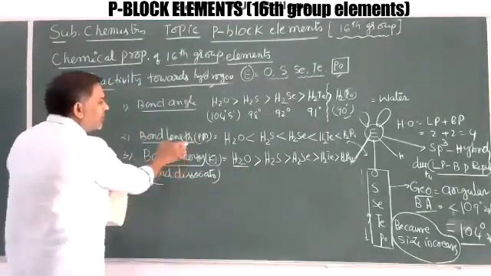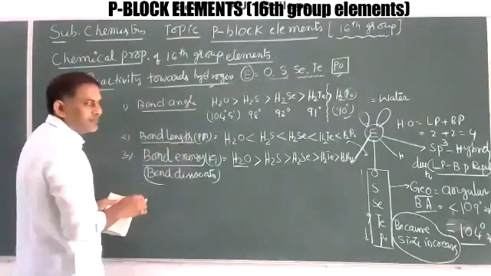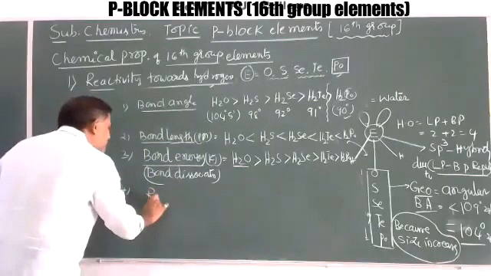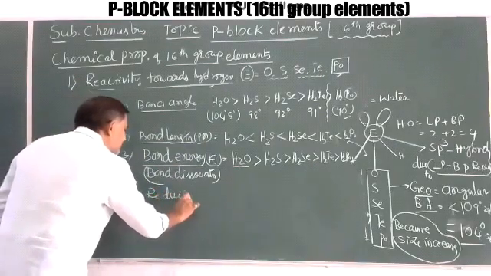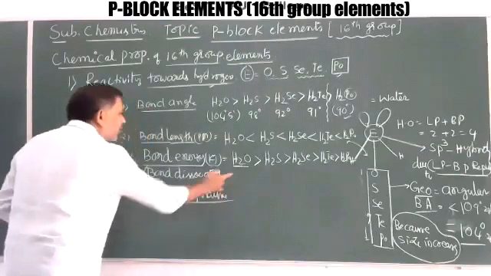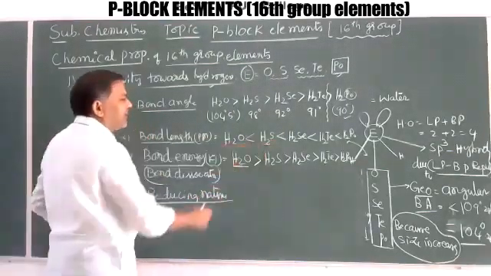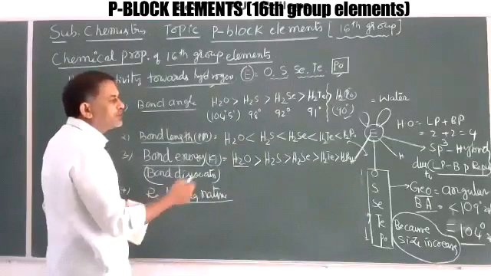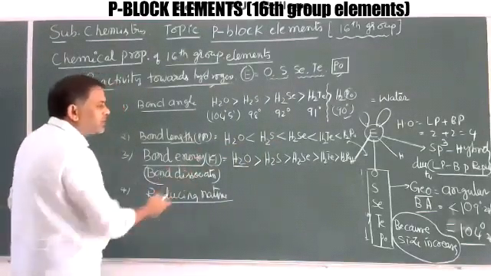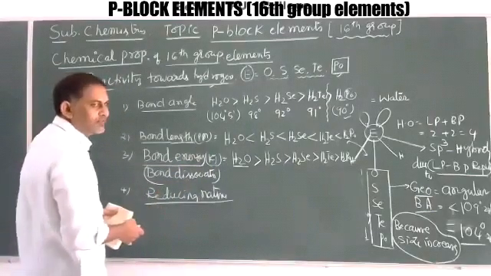Attractive forces are more because bond length is less. That's why reducing nature is least for water and highest for H2Te or H2Po, because reducing means ready to produce H plus ions.